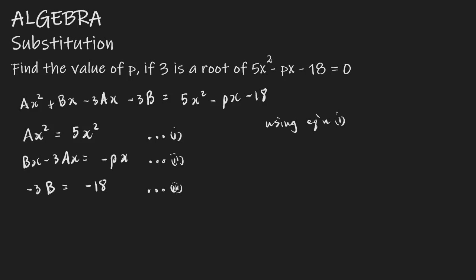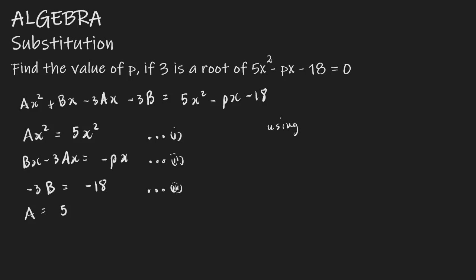Using equation 1 to find a, ax squared is equal to 5x squared. Therefore, a is equal to 5x squared over x squared. a is equal to 5.